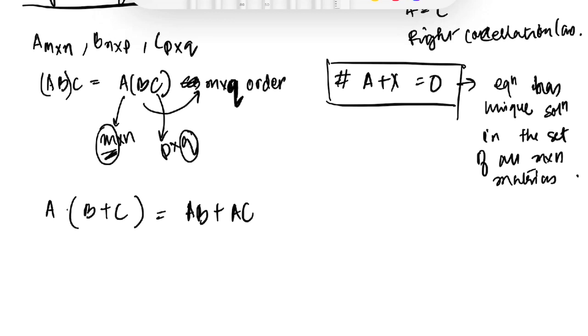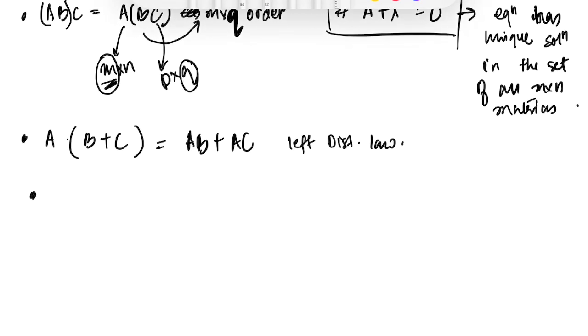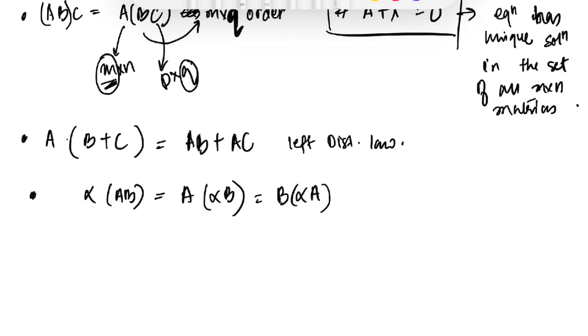And this is known as left distributive law, yeah. And then if we have let's say a scalar quantity here, ठीक है, into A into B, so you can write it as A, or you can write it as B into this. Alright, this is scalar over here.